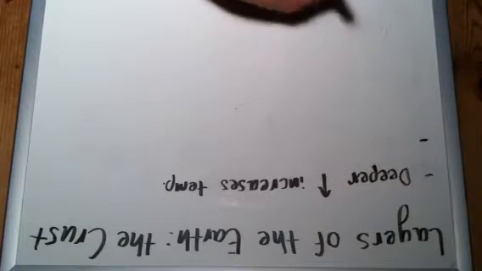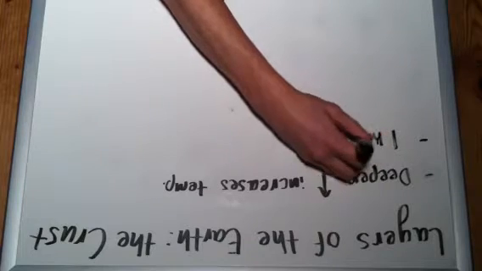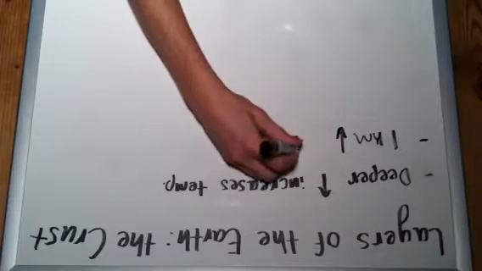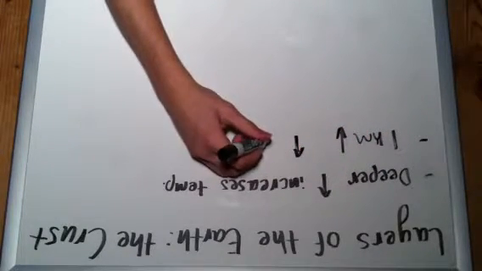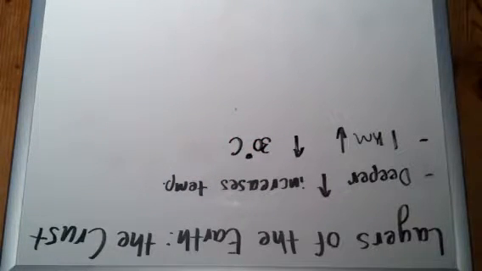So to tie an actual number to this, for every 1 kilometer you travel downwards, on average it increases about 30 degrees Celsius. And if you're like me and you're from the US, and you don't like to think of things in Celsius but rather Fahrenheit, 30 degrees Celsius is a pretty significant temperature change.